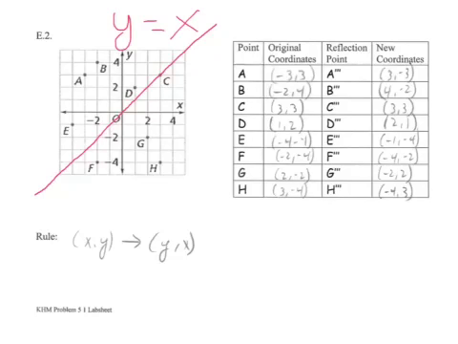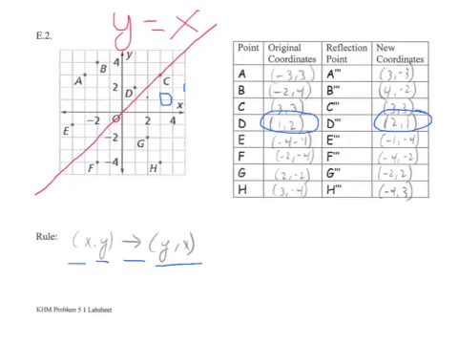D prime would land right about here. And if you look at the coordinates of D, they were (1, 2) originally, and D prime turns into (2, 1). So our rule becomes the x, y coordinates for each point that's reflected over this line transform into y, x, or the reverse order of those coordinates.